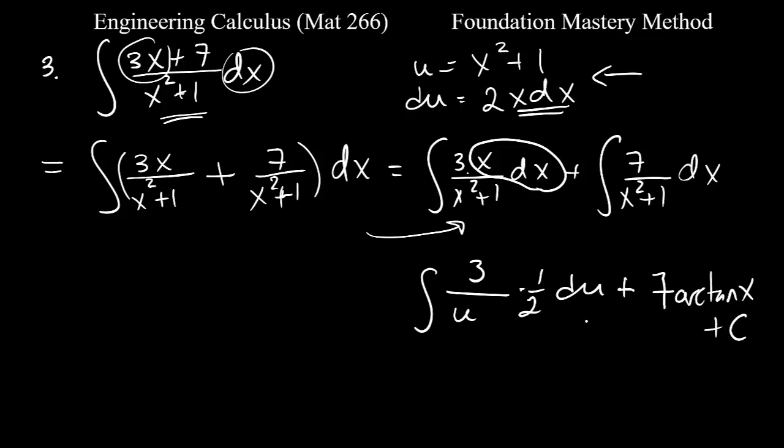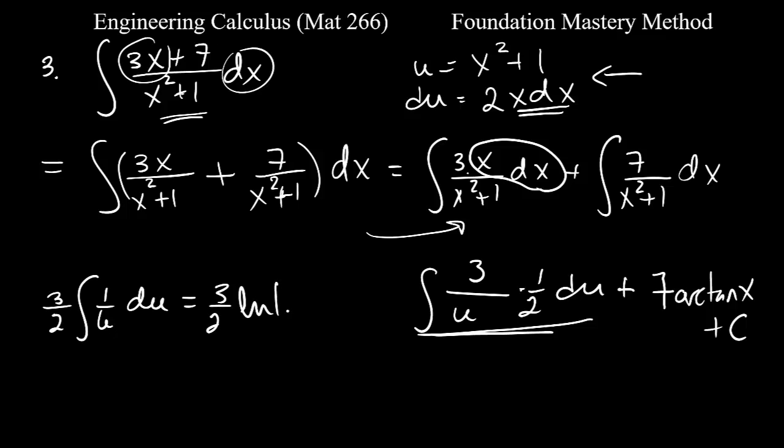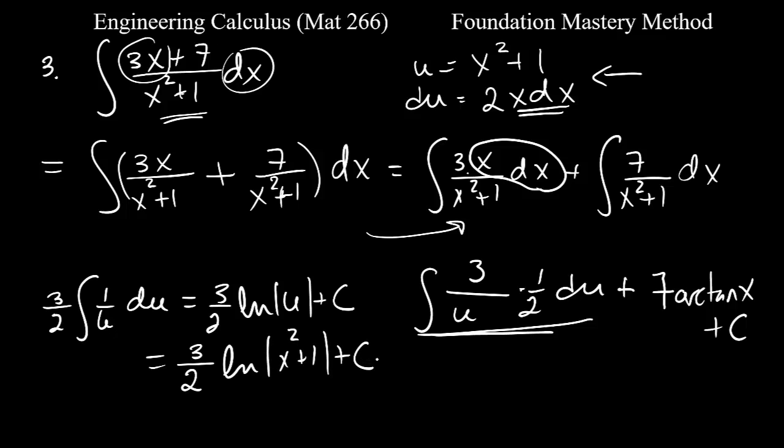Now solving this first integral here, we will have 3/2 times the integral of 1 over u du, which will equal 3/2 times the natural log of the absolute value of u plus a constant of integration. And making our back substitution, we'll have ln of x squared plus 1 in absolute value plus our constant of integration.